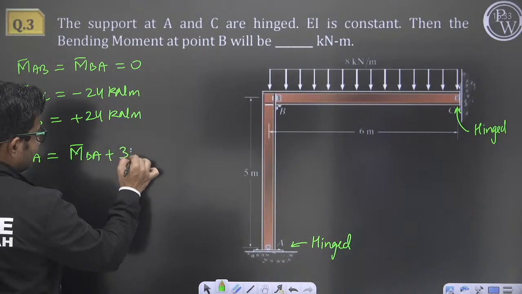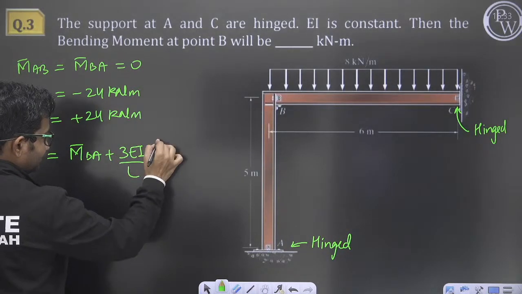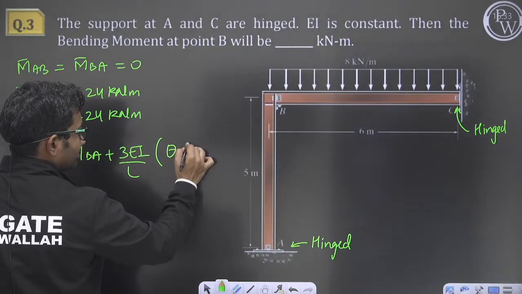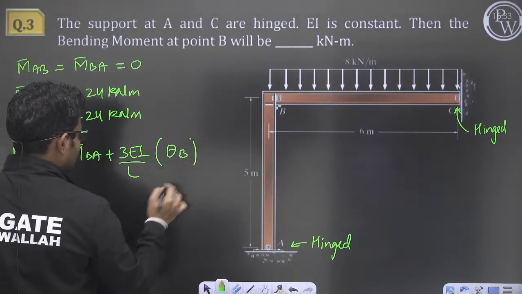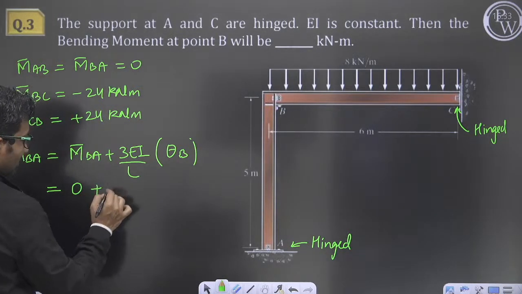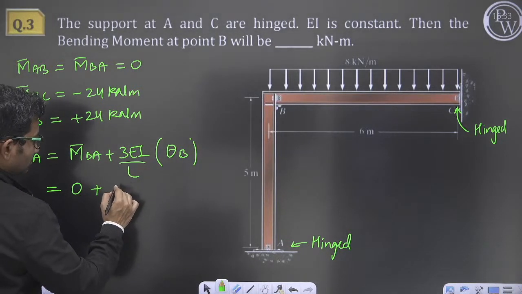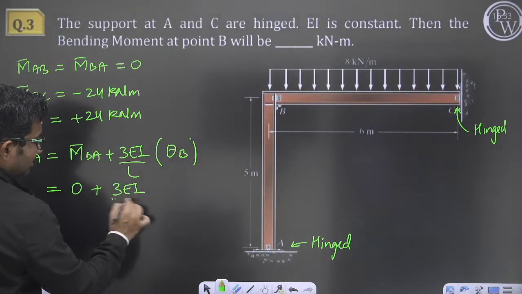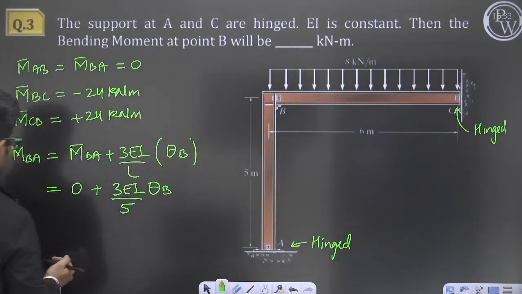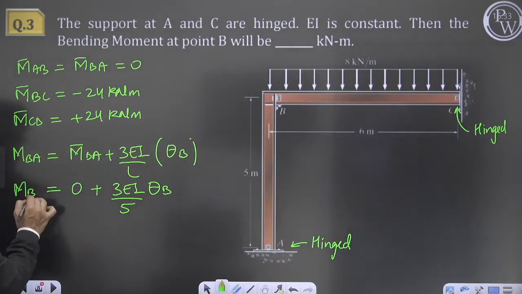I will write 3EI by L, and I will write theta B. So MBA will be equal to 0 plus 3EI divided by length 5 meter, theta B. Okay, so this will be MBA.